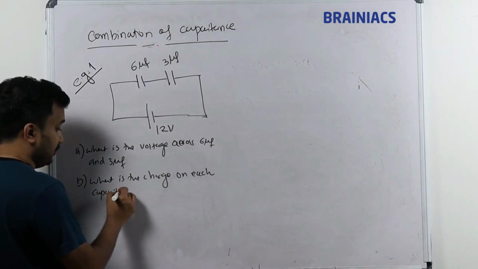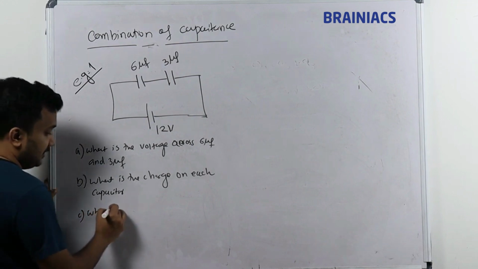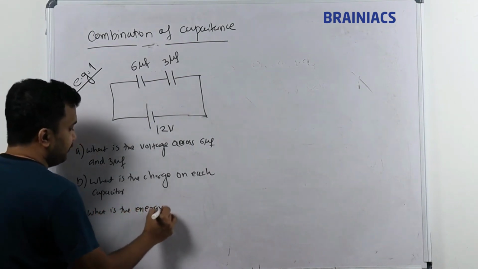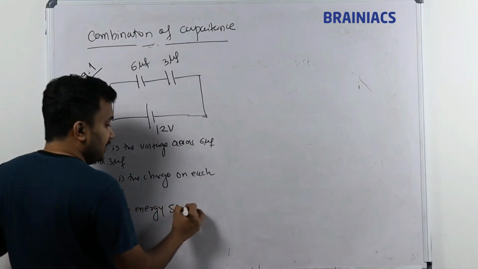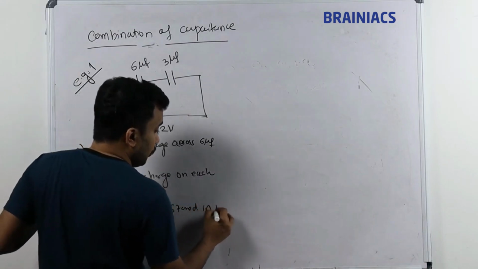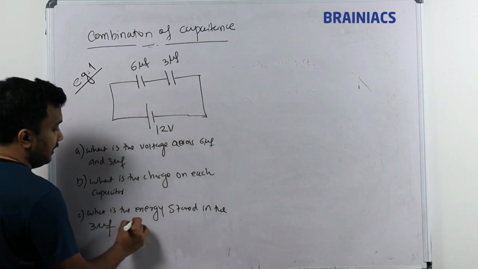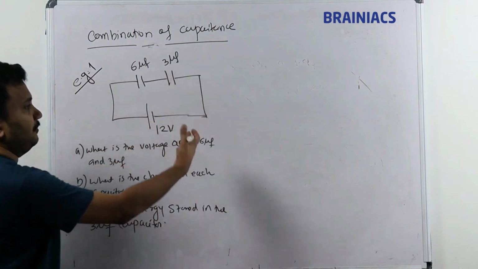Third question, what is the energy? This is something different, based on what we have learned from the last session. What is the energy stored in the 3 microfarad capacitor?